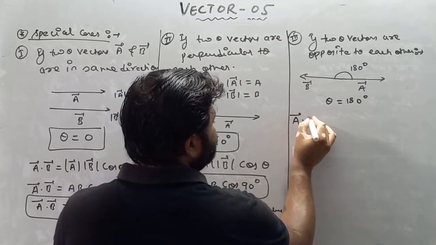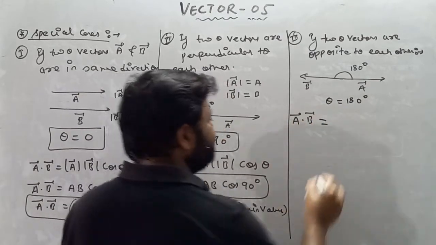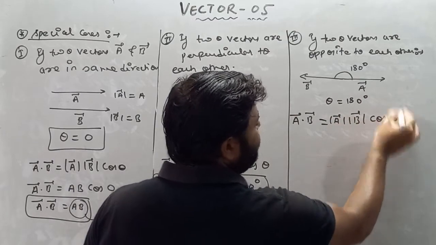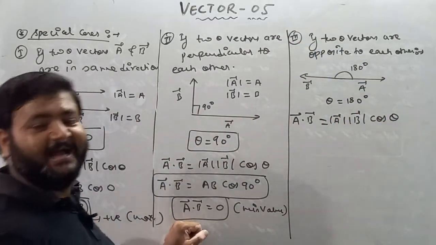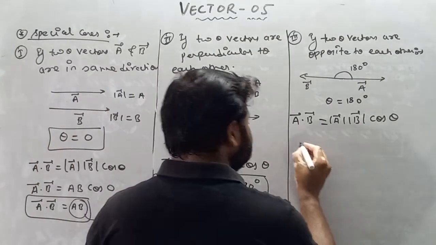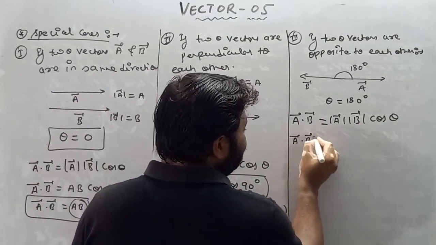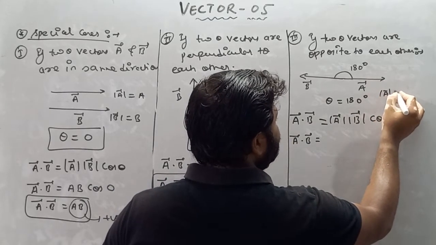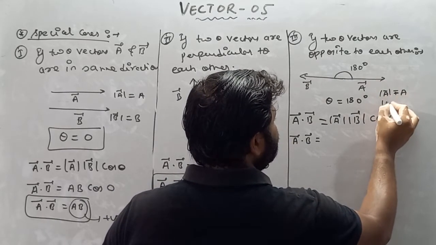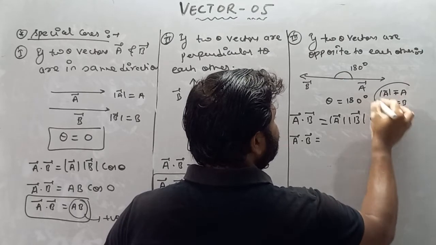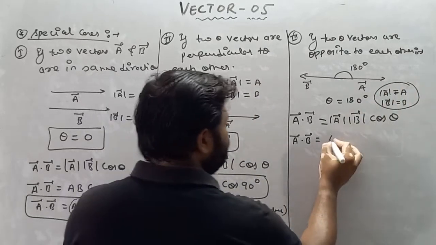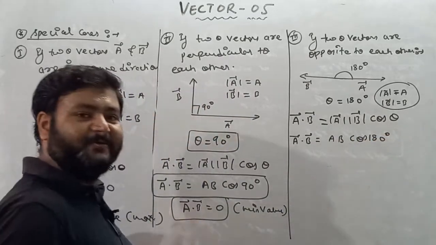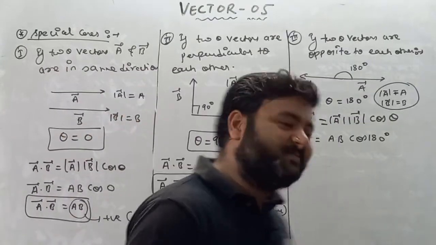So dot product, A vector dot B vector is equals to magnitude of A vector, magnitude of B vector and cos theta. I hope you all are understanding my point, and some of the student, please try to do by your own. Let's suppose magnitude of A vector is considered to be A and magnitude of B vector is considered to be B. So AB cos 180 degree, and we know that cos 180 is minus 1.